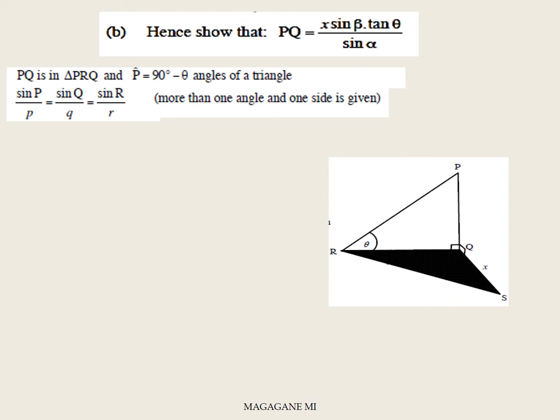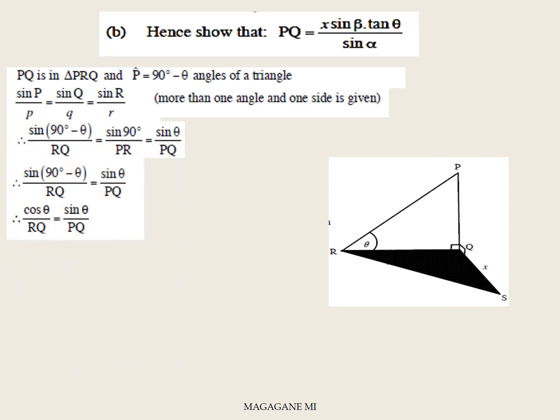So we're going to use our sine rule since we have more than one angle and one side. So we'll use sine 90 minus theta divided by RQ equals sine theta over PQ. Don't forget that sine 90 minus theta equals cos theta.